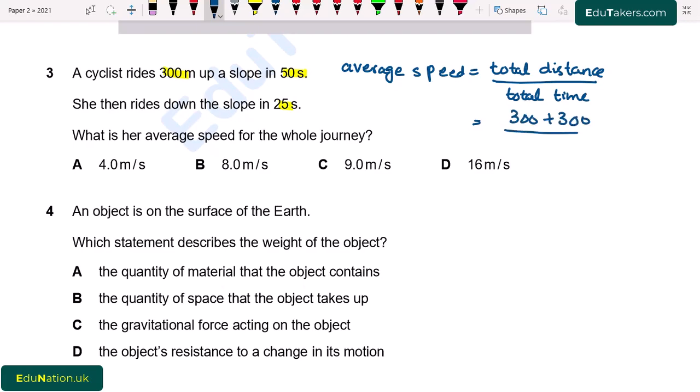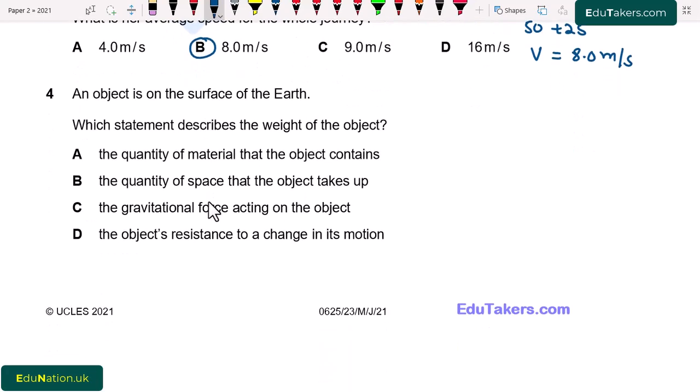So 300 plus 300 divided by total time. She takes 50 seconds to go up and then 25 seconds to go back, so there will be 50 plus 25. So the average speed will be equal to 8.0 meter per second. Here option A is 4.0 meter per second, B 8.0 meter per second. So B option is correct here.